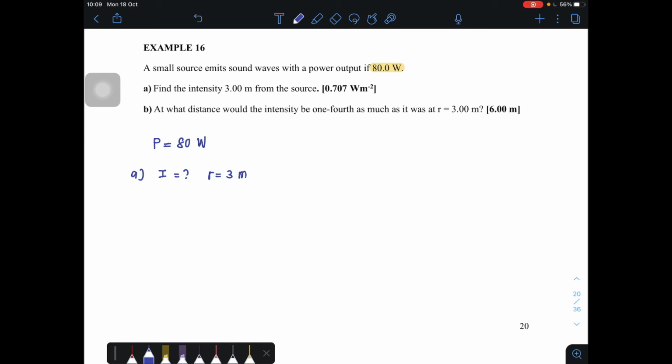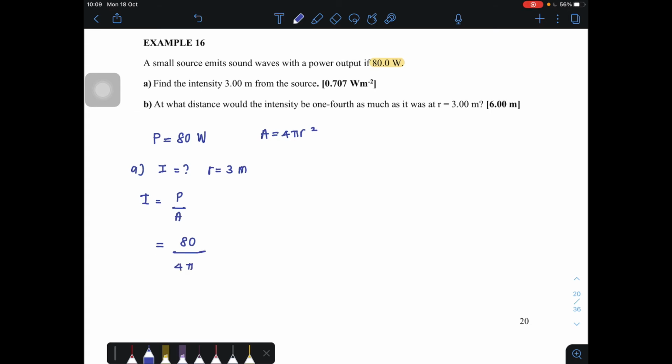So again, kita gunakan the same formula, di mana I adalah sama dengan P divided by A. So P kita sudah dapat, and then A, area is still the same, which is 4 pi r square. So intensity is equal to 0.707 watt per meter square.